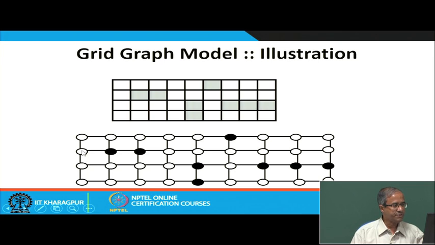So, now the graph theoretic subproblem is to find a path through this graph, not going through the solid vertices, a path which can take you from here to here. Once you get a path like this, you have found a path. So, any area routing algorithm like Lee's algorithm or Hadlock's algorithm can be used to solve this.